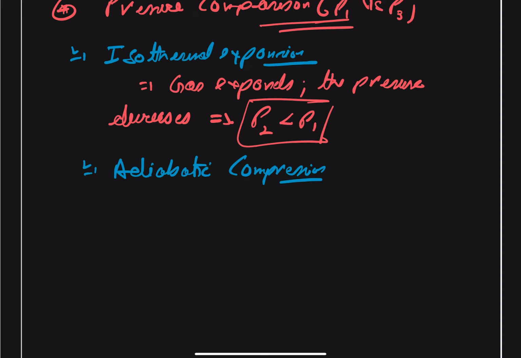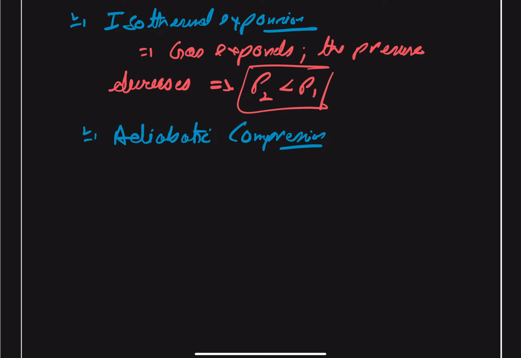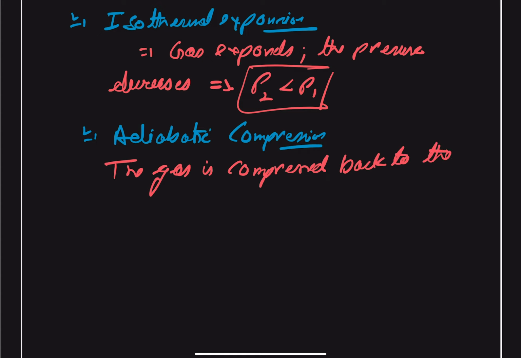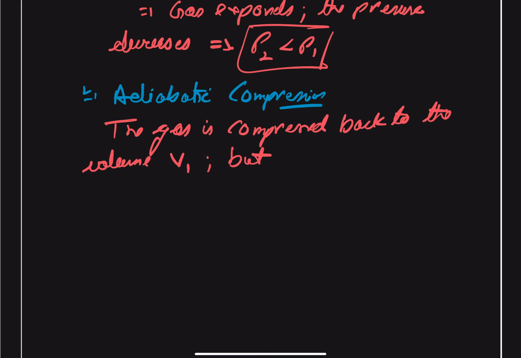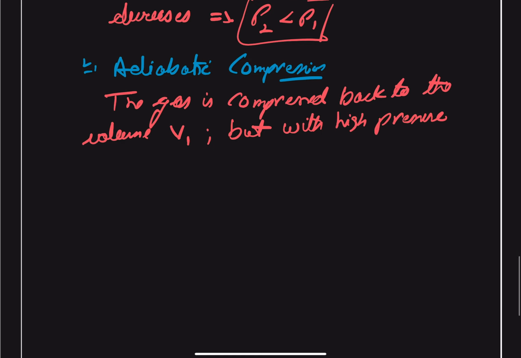So the gas is compressed back to the volume V1, but with high pressure the temperature increases.